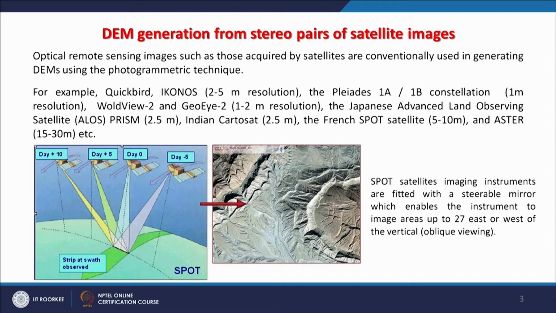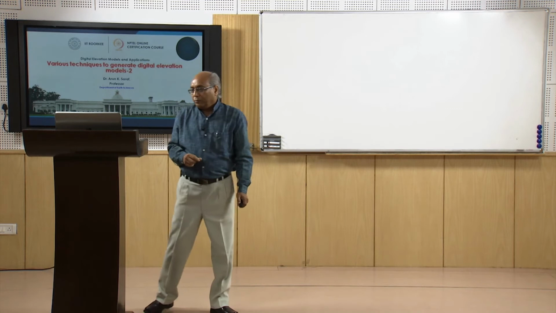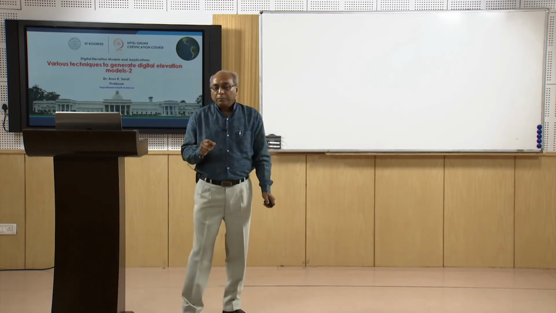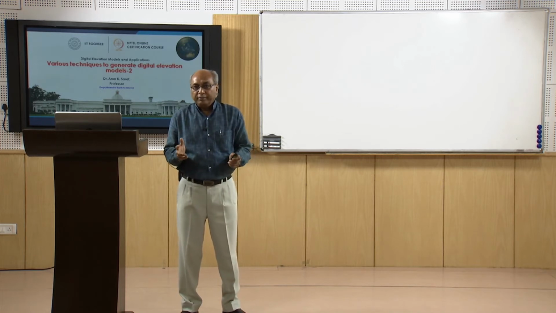The problem here was that, if you are working in an area where clouds are a big problem, suppose on day 0 you had a completely cloud free scene, but on day 5 you have cloud cover. Then there is a problem getting the image pairs for stereo generation.